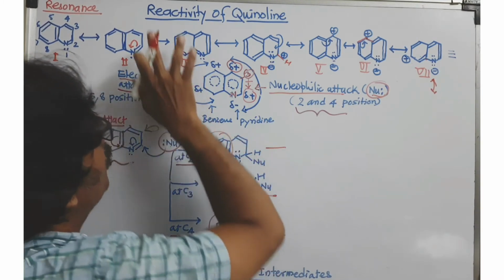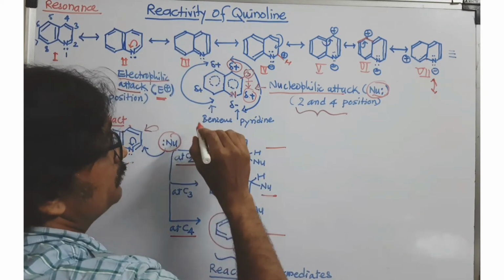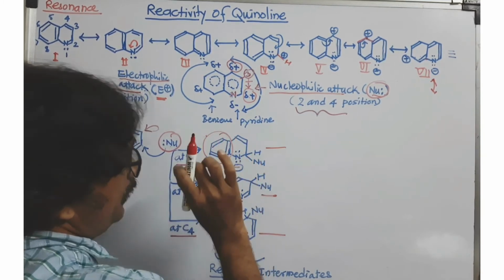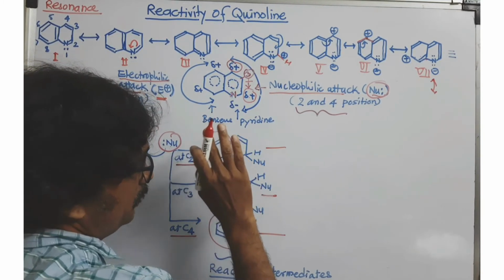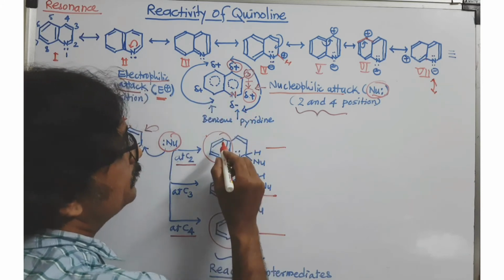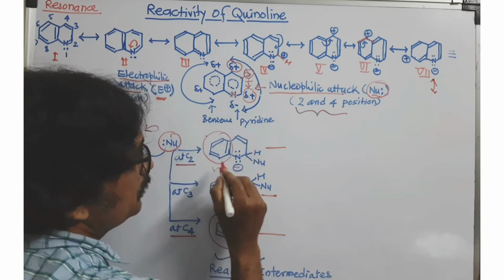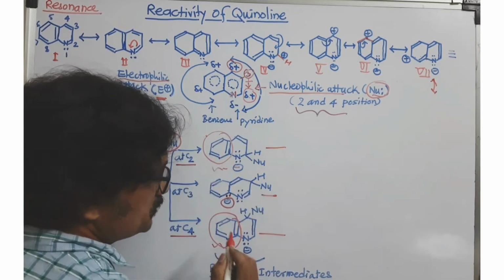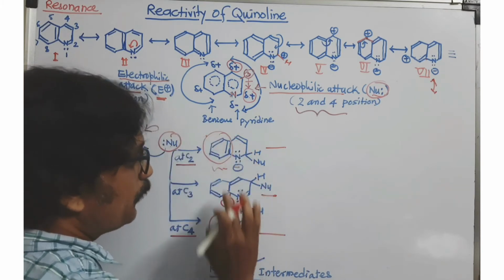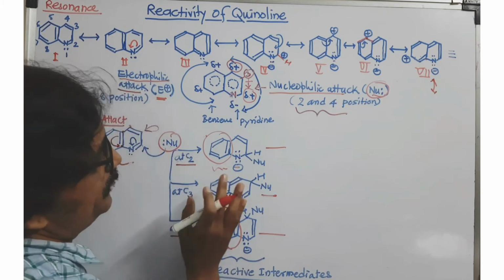That means out of 2 aromatic centers, 1 aromatic center is retained, and if an aromatic center is retained, that is responsible for extra stability. So the benzene ring, after attack at carbon number 2 and 4, provides extra stability to this reactive intermediate, and that is the favorable condition.